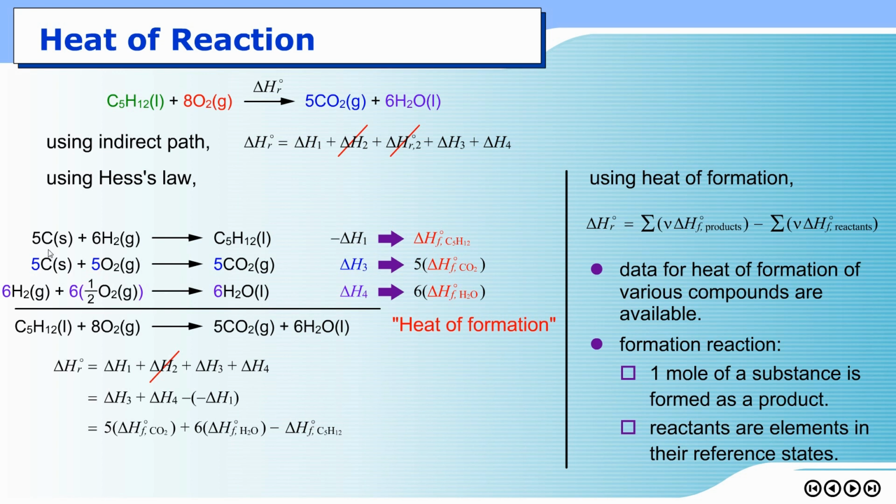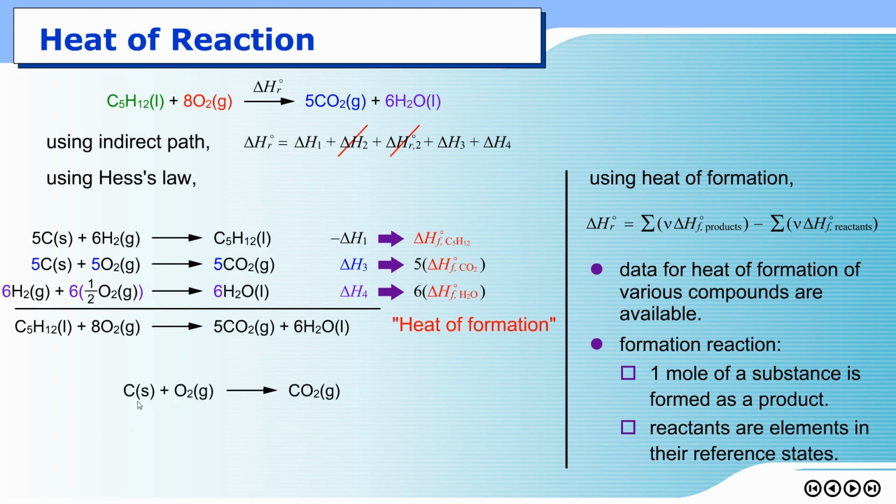Carbon can exist in many forms: diamond, graphite, charcoal. Different forms should give different amounts of heat. So in order to pick them as the reference state of heat of formation, the state must be specified. So you need to look up the proper state. Okay, normally it would be graphite for carbon.